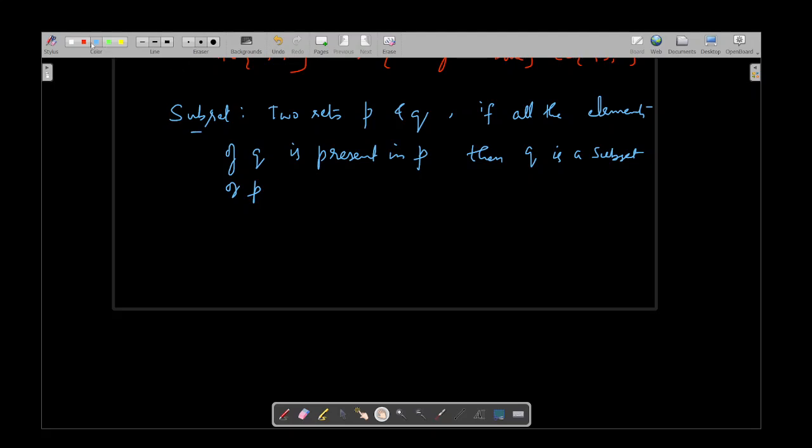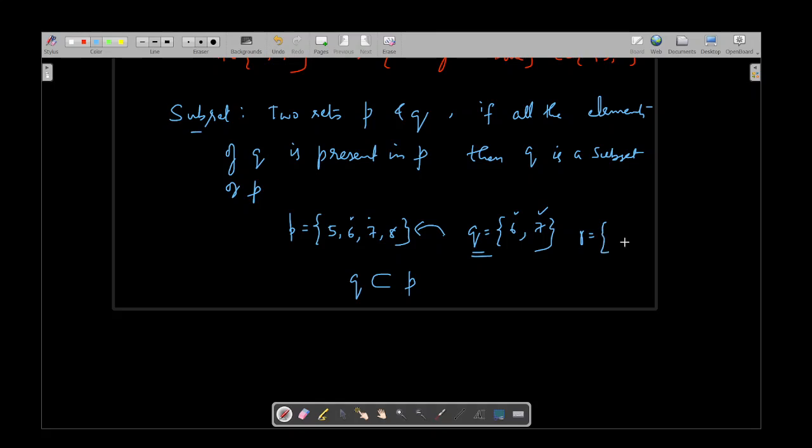We'll take an example to understand this. If P is equal to {5, 6, 7, 8} and Q is equal to {6, 7}, then Q is a subset of P because the elements 6 and 7 are both present in P. So Q is a part of P. If any set is a part of another set, then it is called a subset of the original set.